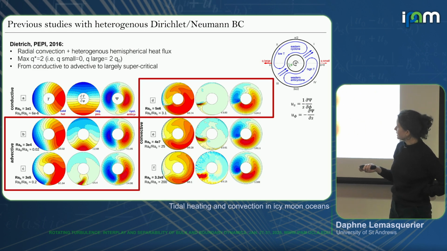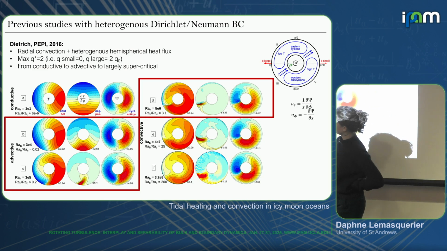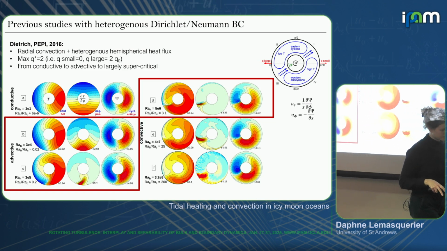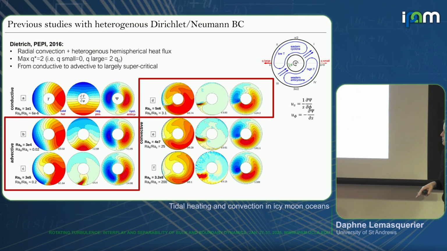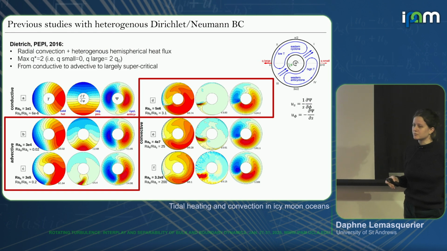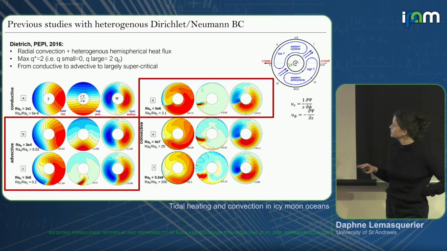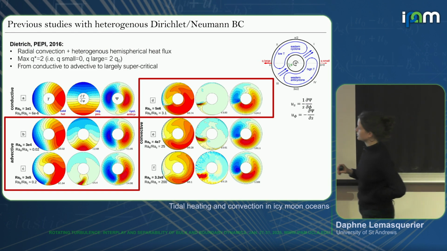And then they increase the Rayleigh number, and the first thing that happens is that they switch to a regime that they call advective. By this, they mean that advection, in particular of the temperature, becomes significant, but you're still subcritical to radial convection. There's no radial convection occurring in the system so far.